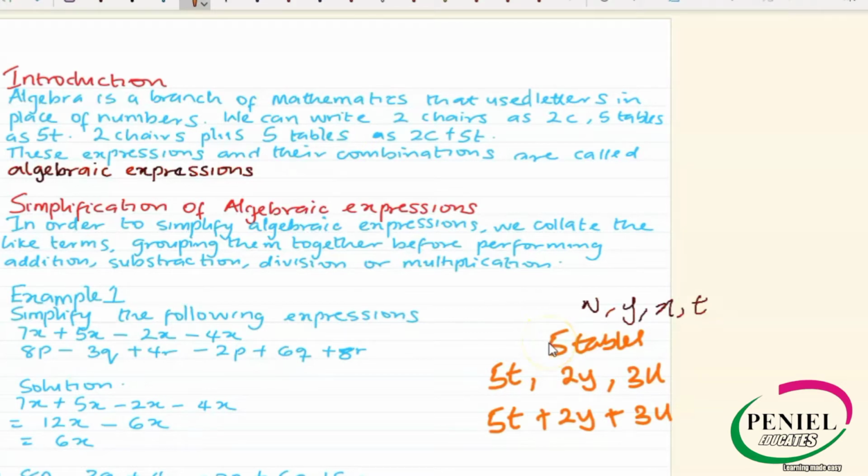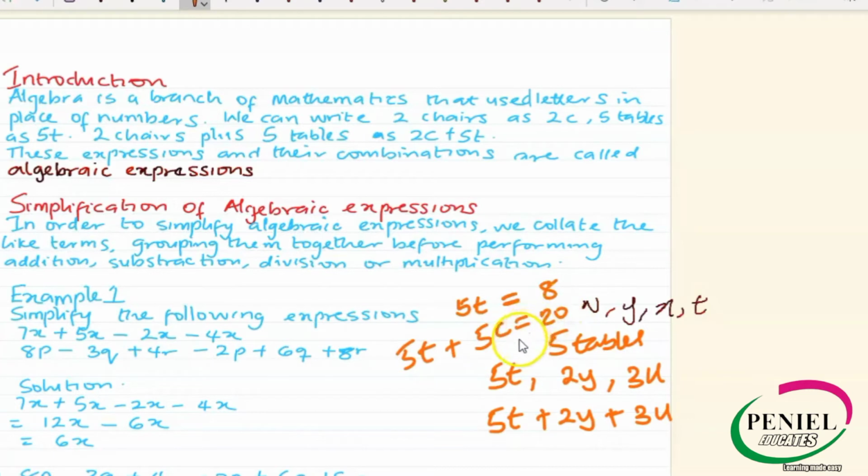So we can also connect all these algebraic expressions with the equality sign to form other algebraic statements. For example, we can say 5 table is equal to 8, right? So we can use all these equalities. You can say 5 table plus 5 chairs is equal to 20.